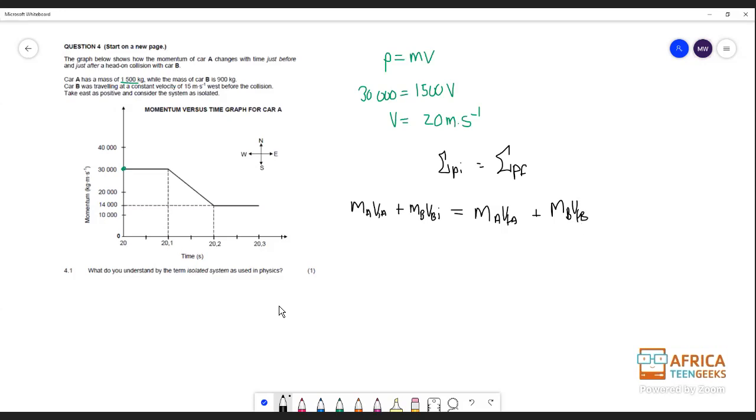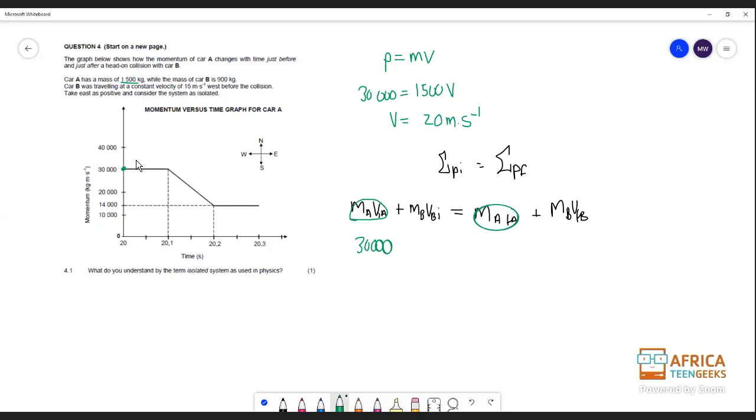Okay, so it's the mass of car A times its initial velocity plus the mass of car B times its initial velocity is equal to the mass of car A times its final velocity plus the mass of car B times its final velocity. So we're going to say it's the 30,000 because we already have this in terms of P, since it comes from our graph.